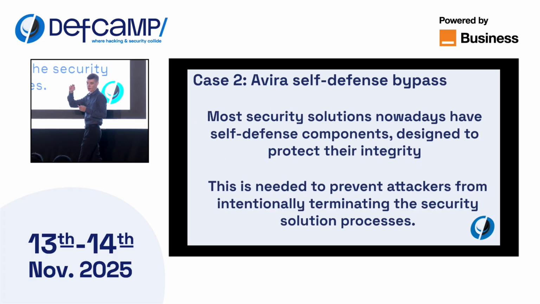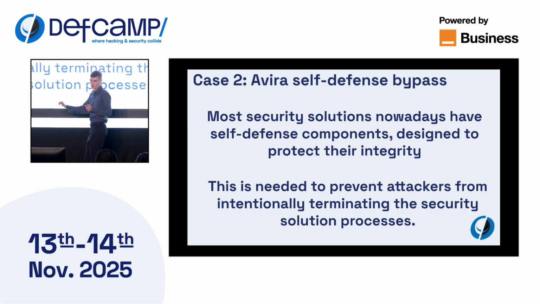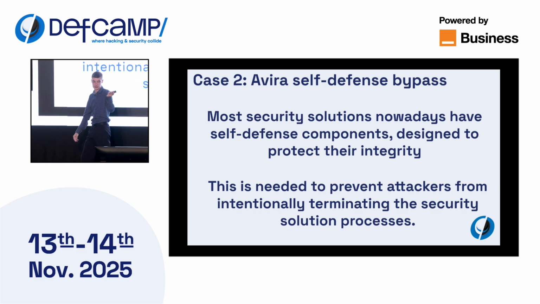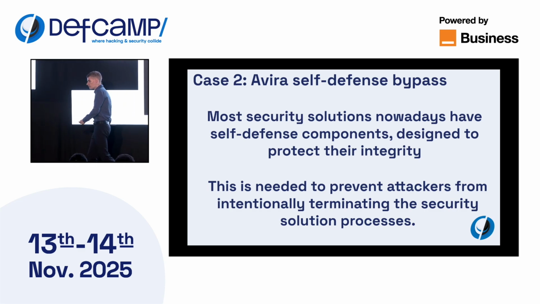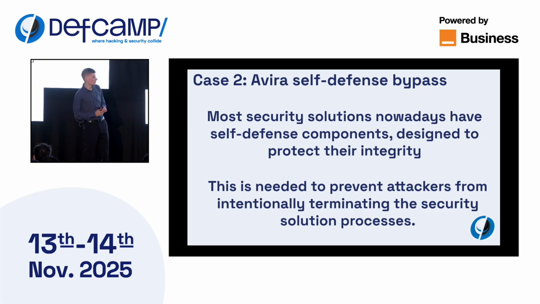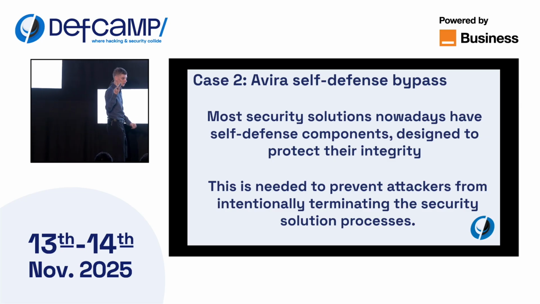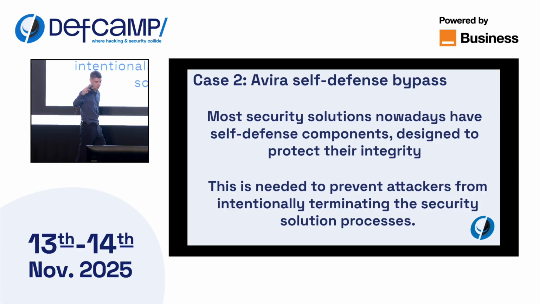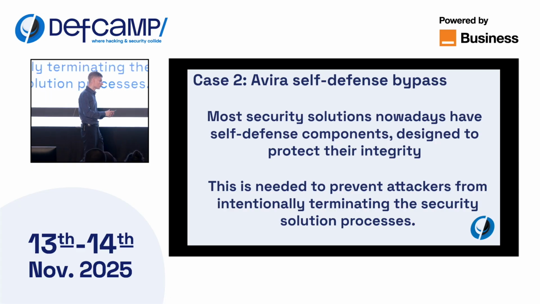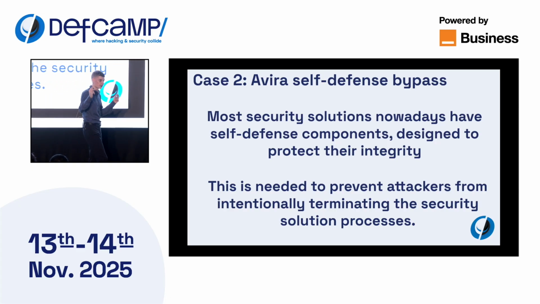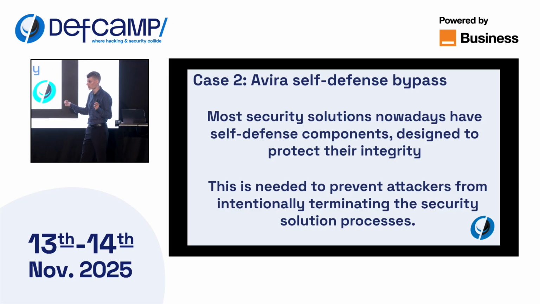Now, I remember I talked to you about security solutions not knowing about this vulnerability or how to fix it. There was one security solution that I found vulnerable to this, and it's Avira. It caused an issue with the self-defense mechanism of this security solution.